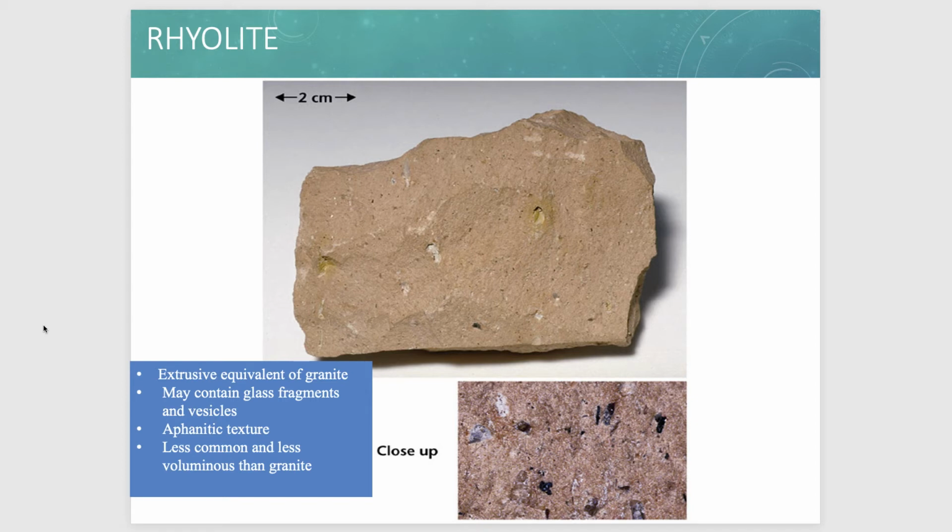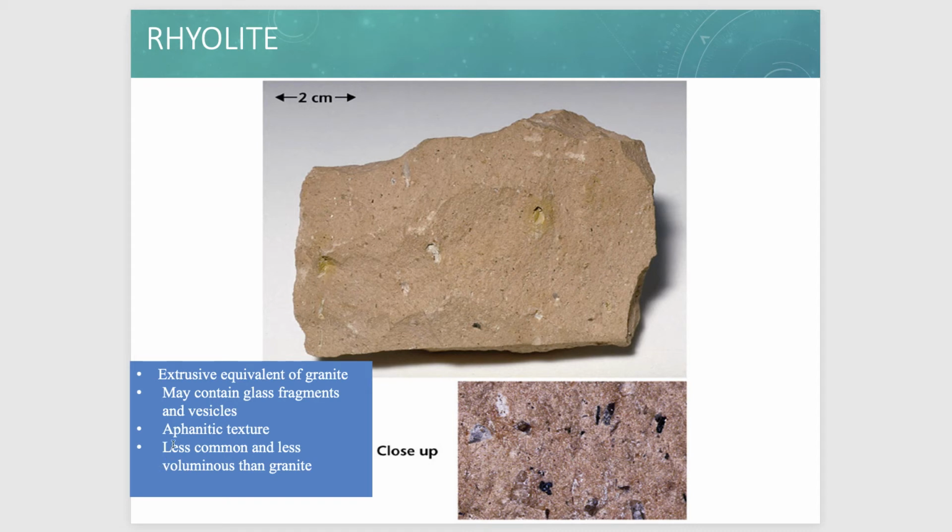The rock usually has an aphanitic texture, so you are not going to see very much of the mineralogy if you look at a specimen with the naked eye. You need a hand lens to be able to recognize some of the mineralogy because the grains will be very small.